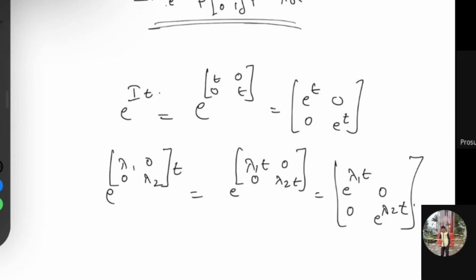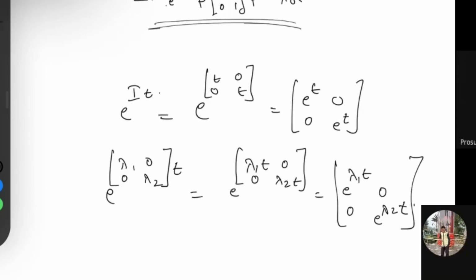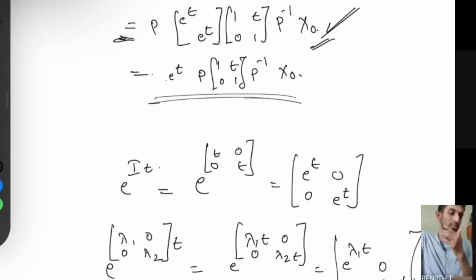Okay sir, understood? Yes sir. What is the issue, solved now? Yeah. So now I am not calculating the p and p inverse. Here also you can just calculate eigenvector, eigenvalue and multiply, you will get the final answer. Okay.